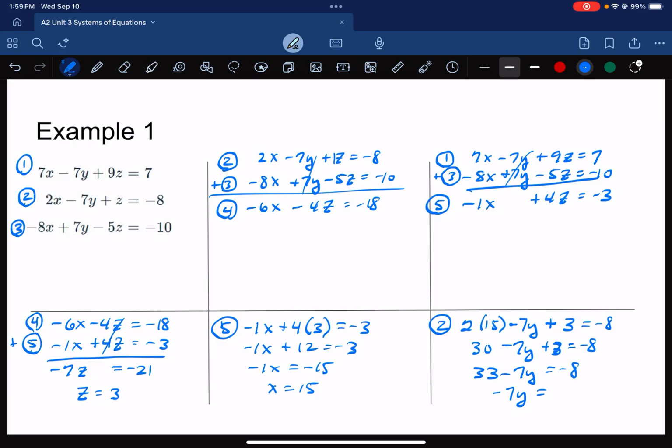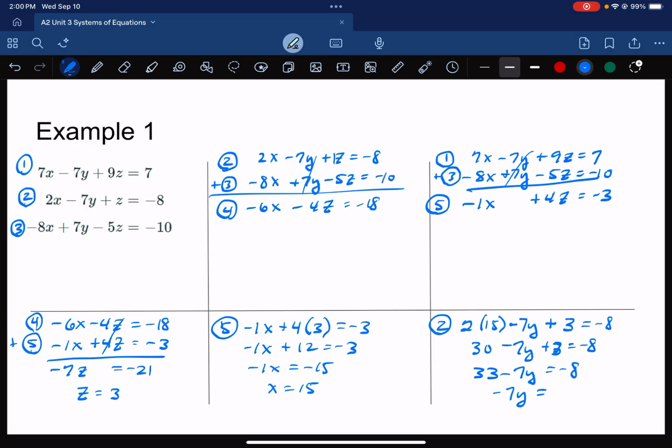So z is 3, so I used equation 5, negative 1x plus 4 times 3 was 12 equals negative 3. And I subtract 12 from negative 3 is negative 15. Divide, I get a positive 15. So now 2 times 15 minus 7y plus z, which is 3, equals negative 8. 15, that's 30. 30 plus 3 is 33.